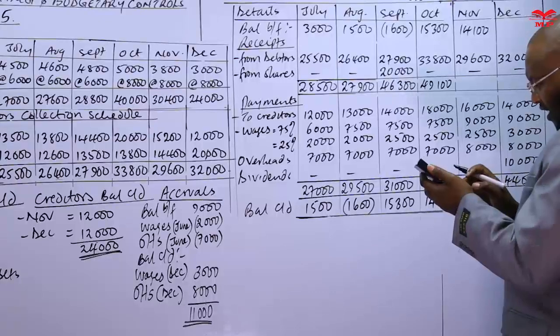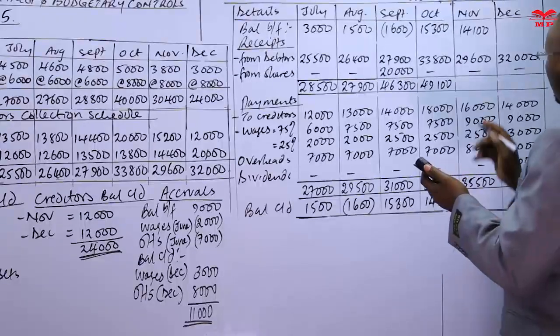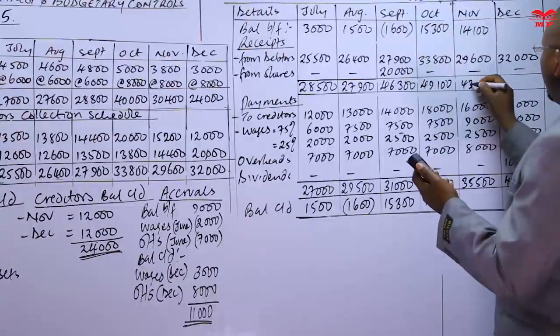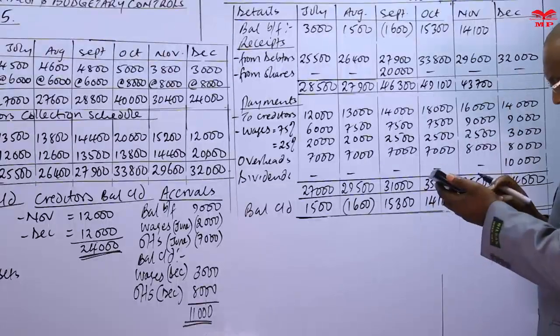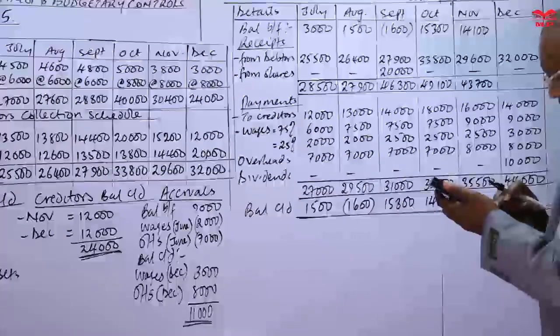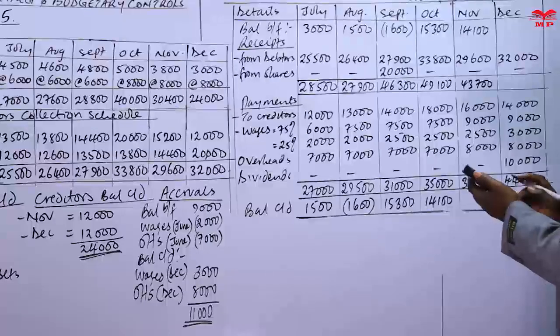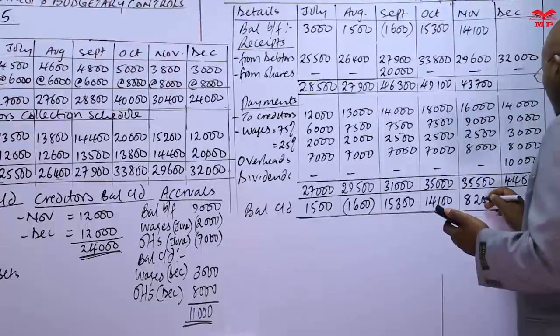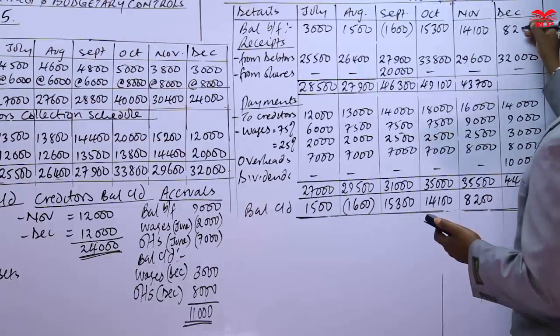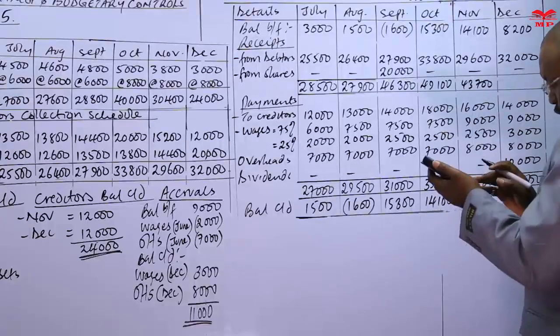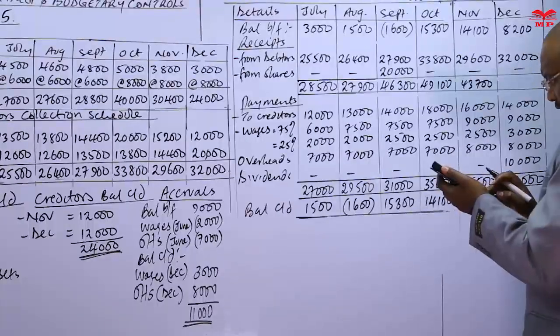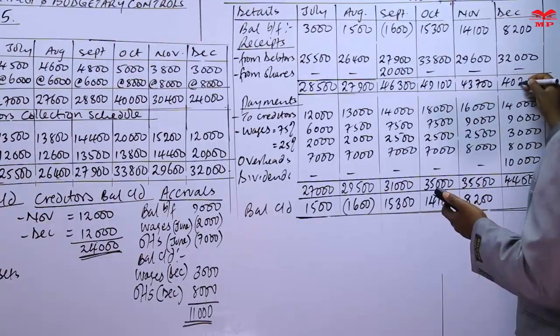When we add 29,600, this will give us 43,700. When we less 35,500, we're going to remain with 8,200, which if we bring it here, 8,200, you add 32,000, you get 40,200.